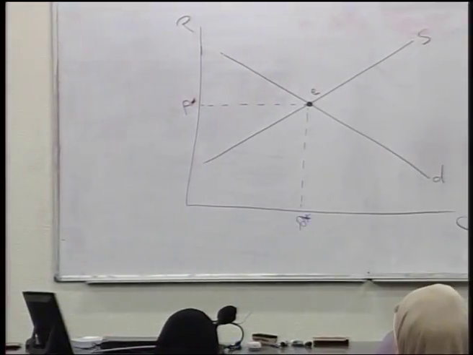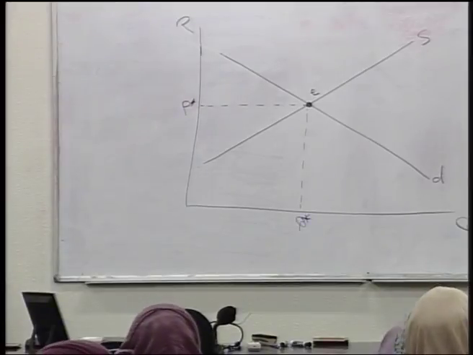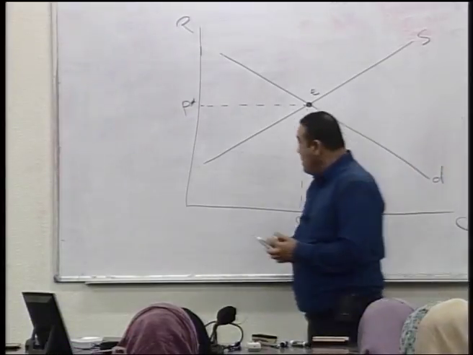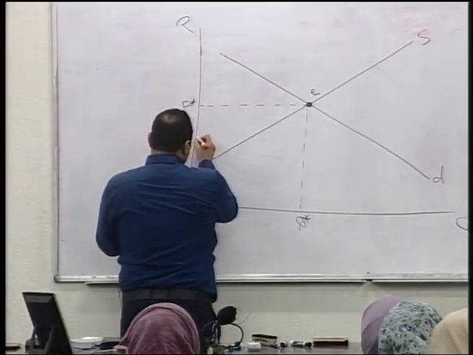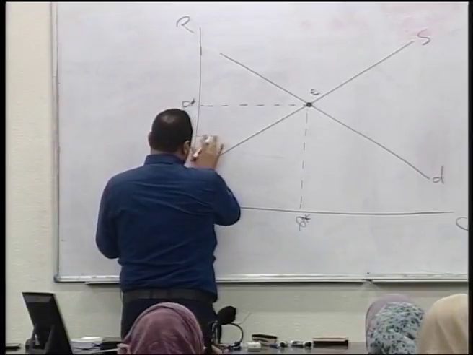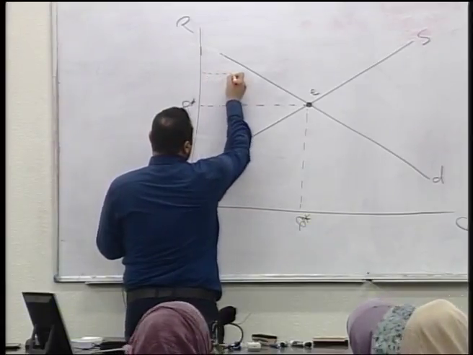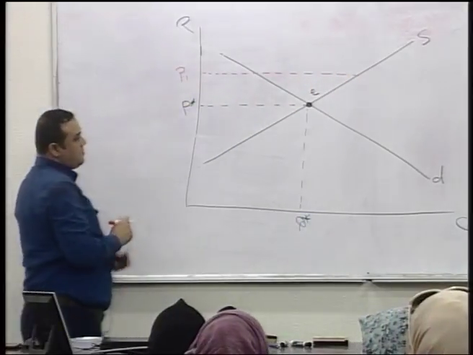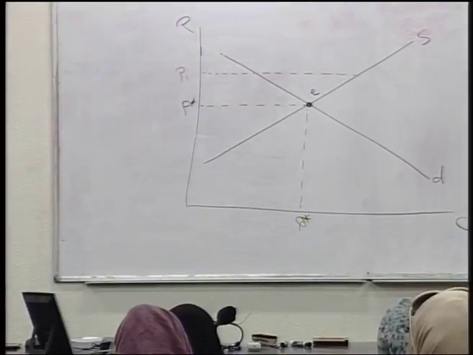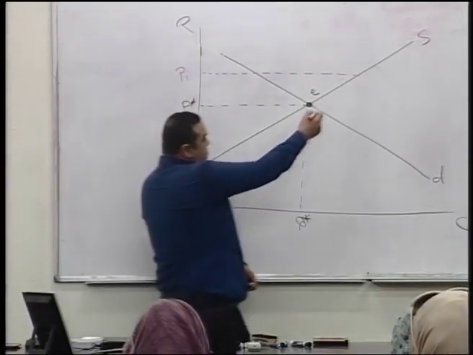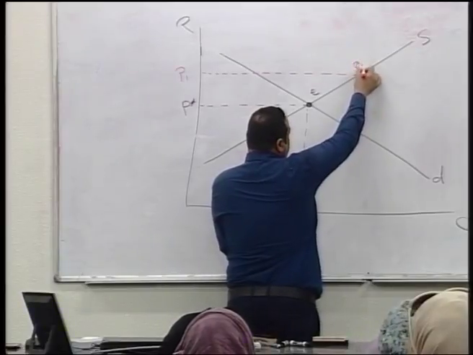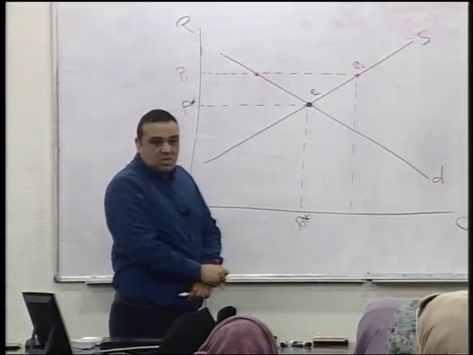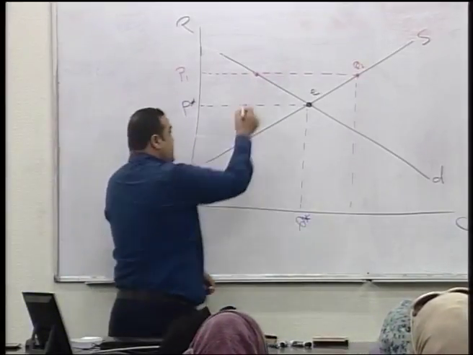Now, let us assume that the price in the market was at P1. What do you see? This point represents the quantity supplied, and this point lies along the demand curve, so it represents the quantity demanded.